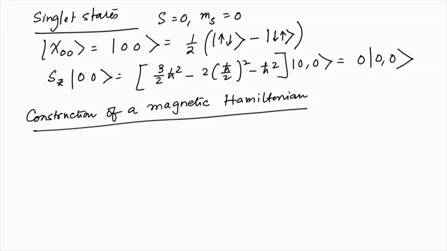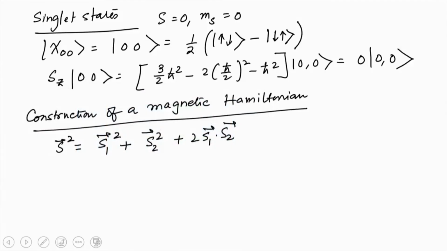So, we have S square, which is equal to S 1 square plus S 2 square plus 2 S 1 dot S 2.